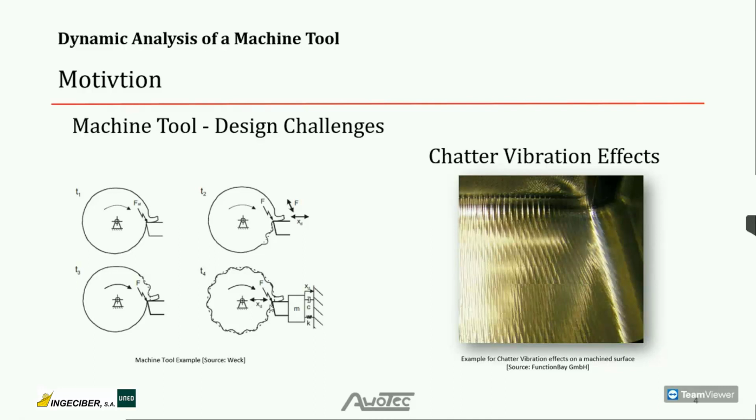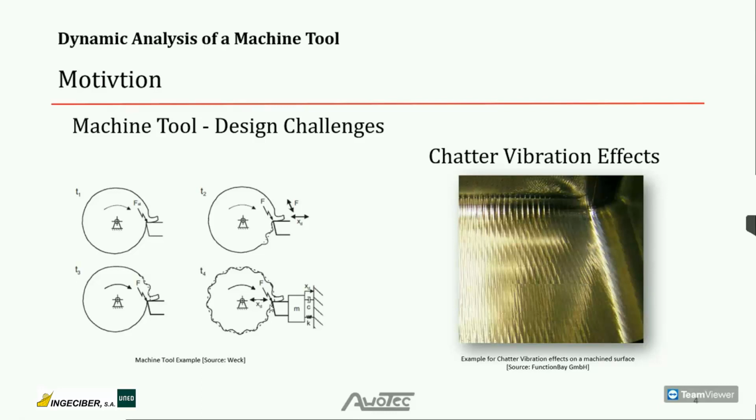So this depends on the process as well as on the machine. However, one can optimize the machine side and therefore create a good design for machines.